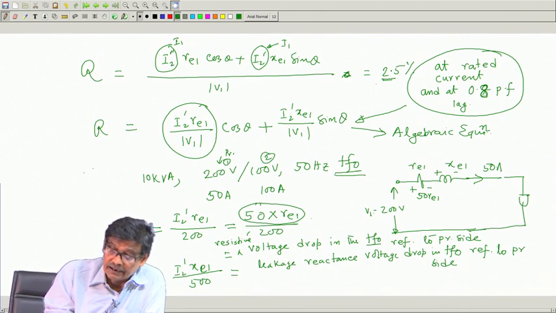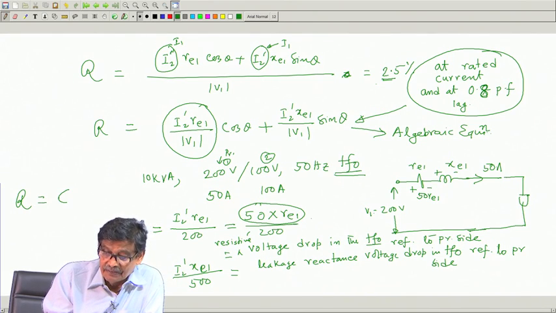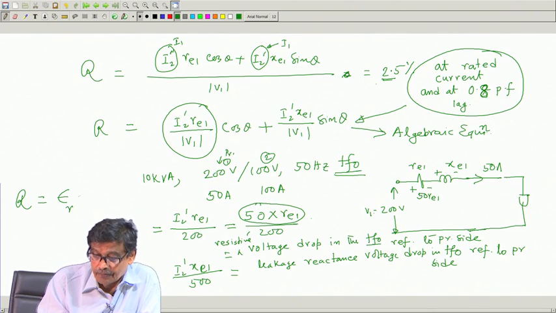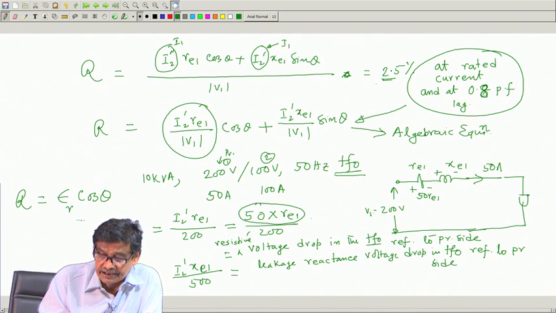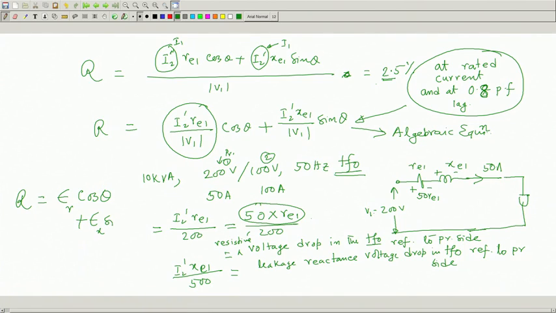And this one, in books they will write, is called the per unit resistance of the transformer, and they will write it like this. What is epsilon r? Epsilon r is this one, per unit resistance. So, what is per unit resistance of a transformer? You simply calculate, okay, the transformer is operating, how much of the rated voltage is dropped in the resistance.